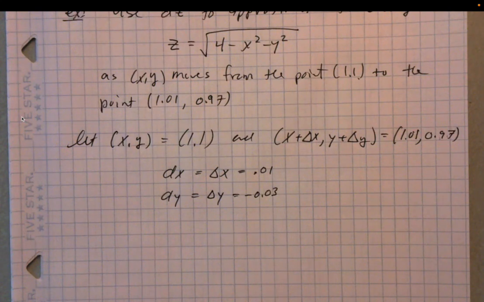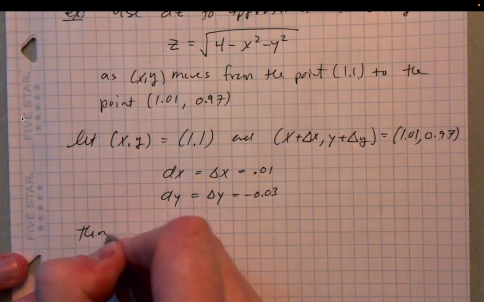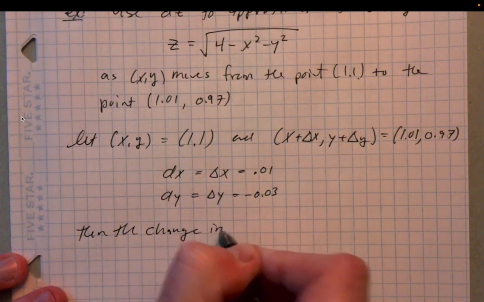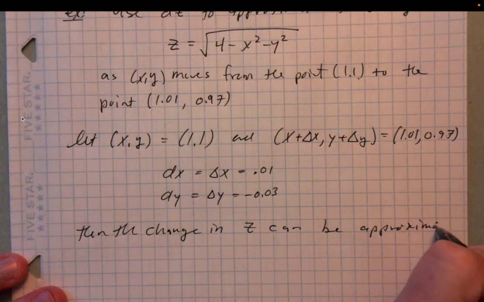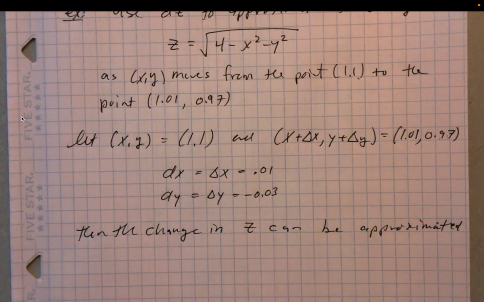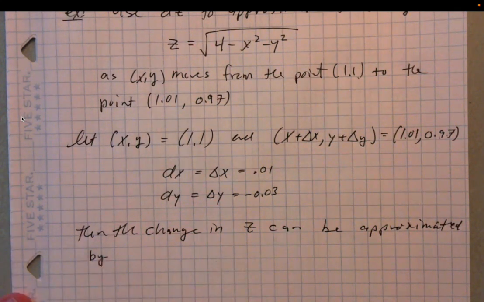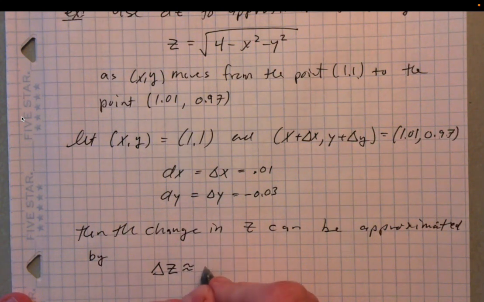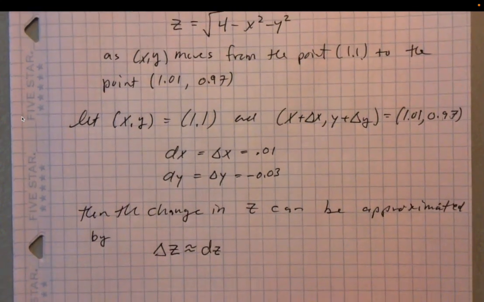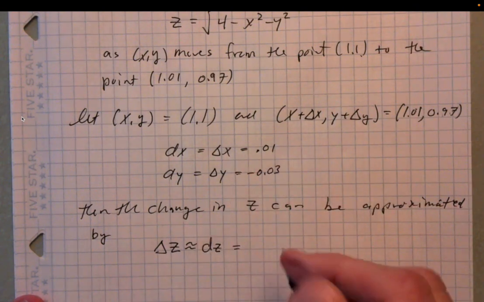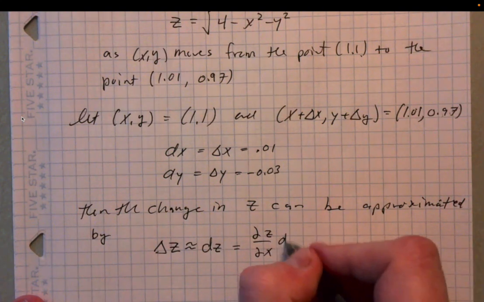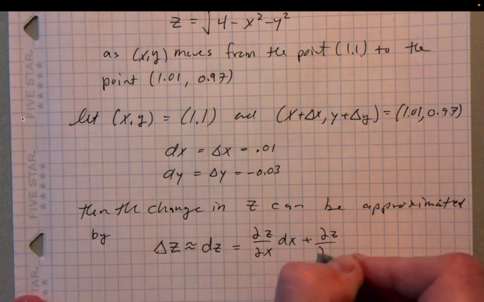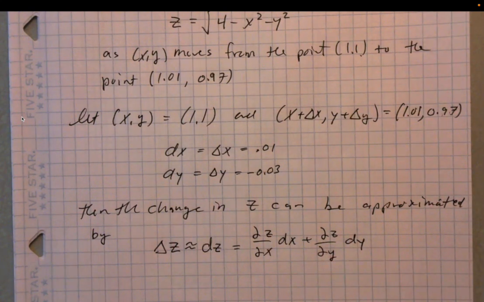And then the change in z can be approximated by delta z is approximately dz, which is equal to the partial derivative with respect to x times dx plus the partial derivative with respect to y times dy.